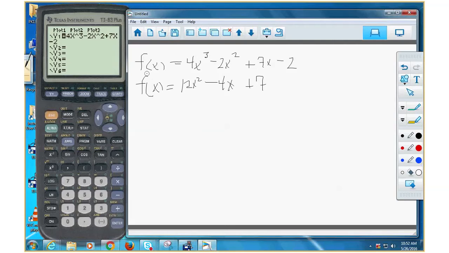There's my prime. Basically, they'll say f prime of 200. And of course, you would do what with that 200? You'd plug it into this formula right there. Okay, and we're going to do that here in just a second.